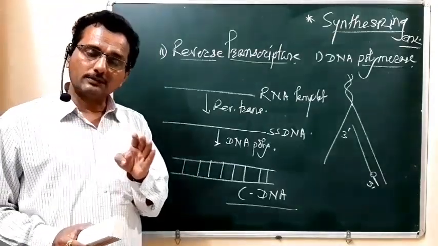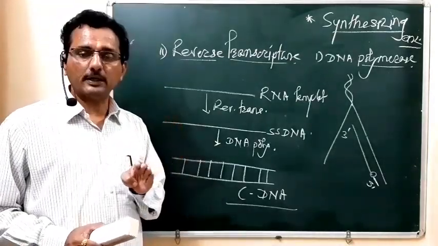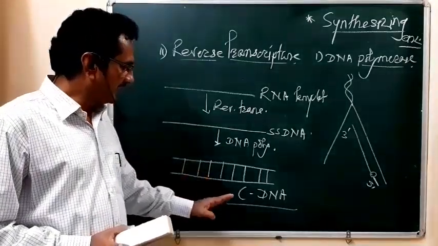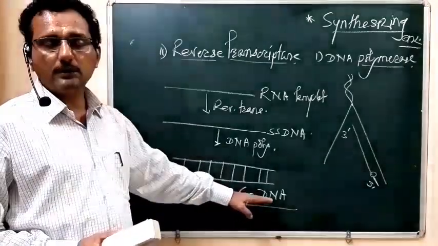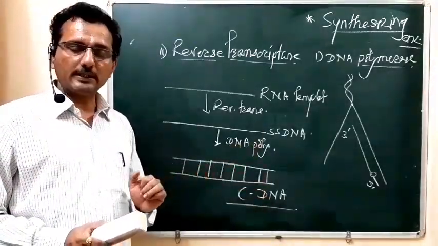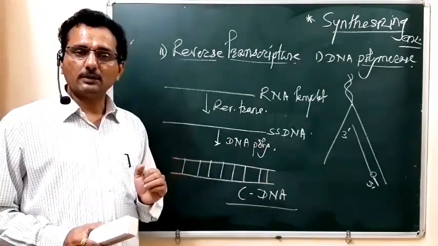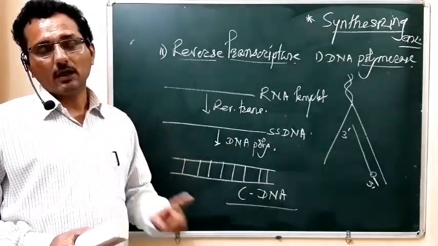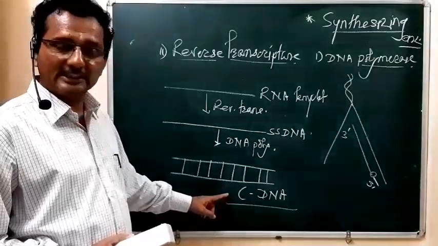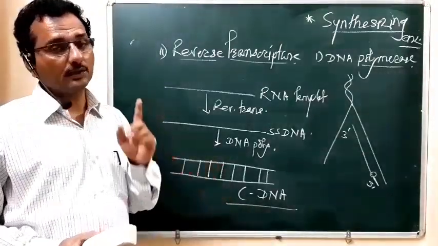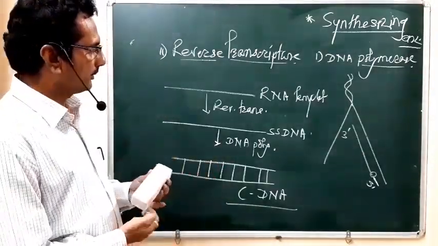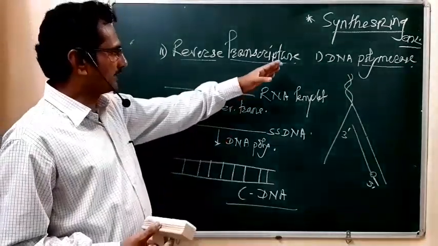So we have to prepare cDNAs of the eukaryotic genome, and then we prepare the genomic library from this type of cDNA in the case of eukaryotes. So you have to remember, this is the synthesizing enzyme.